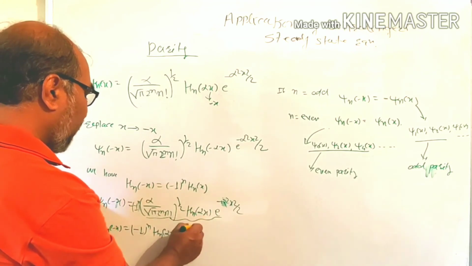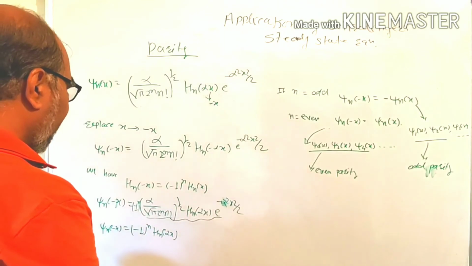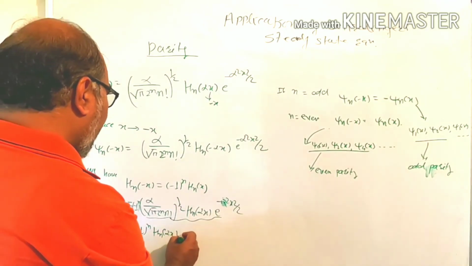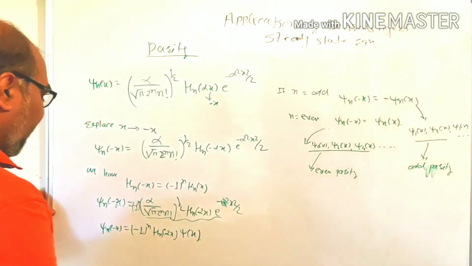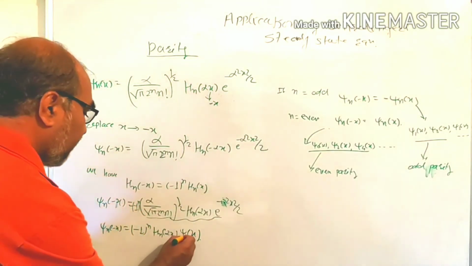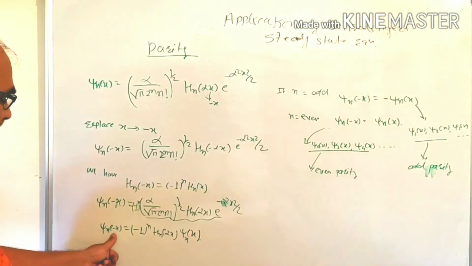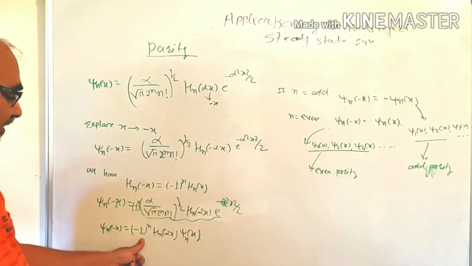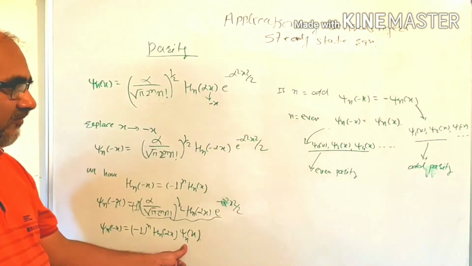This is nothing but our original wave function psi of x. So psi of minus x is equal to minus 1 raised to n psi of x.